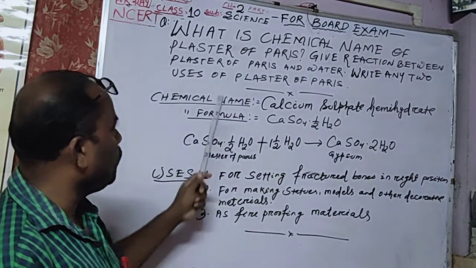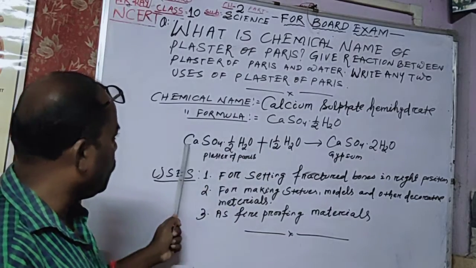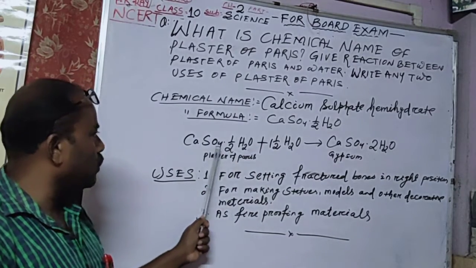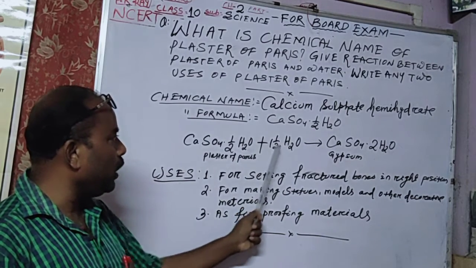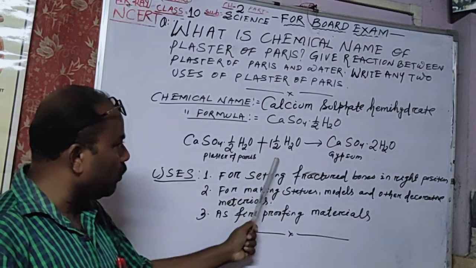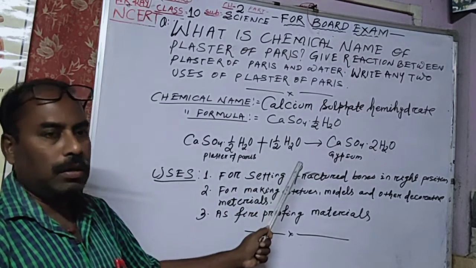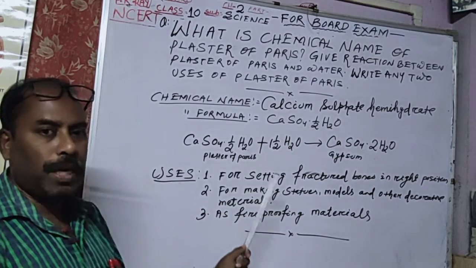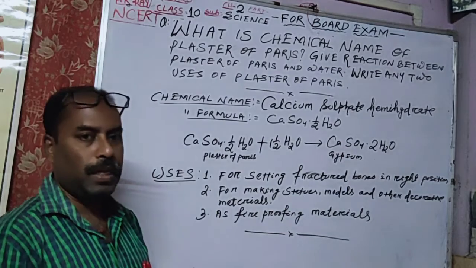Let us see the second part. Give the reaction between plaster of Paris and water. This is the plaster of Paris, CaSO4 dot half H2O. When it is added with water, H2O, a particular amount of water molecule is added to the plaster of Paris to get the desired substance known as gypsum.